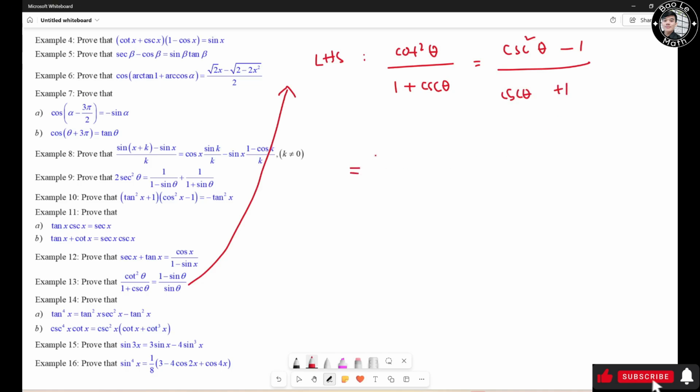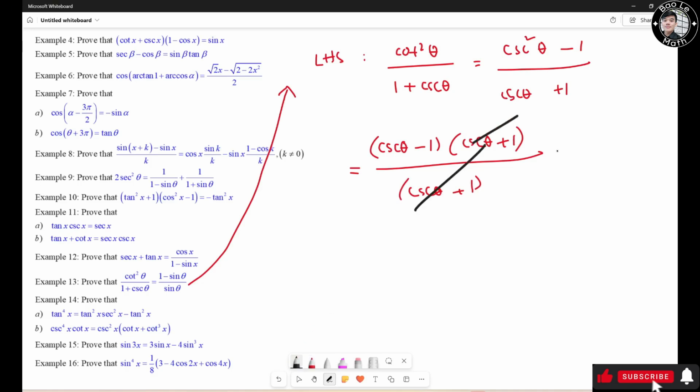So I'm going to apply the formula difference of 2 squares on the numerator. So I have cosecant theta minus 1 times cosecant theta plus 1, right? Over cosecant theta plus 1, right? Now this guy cancels out, right? So we have cosecant theta minus 1, right?